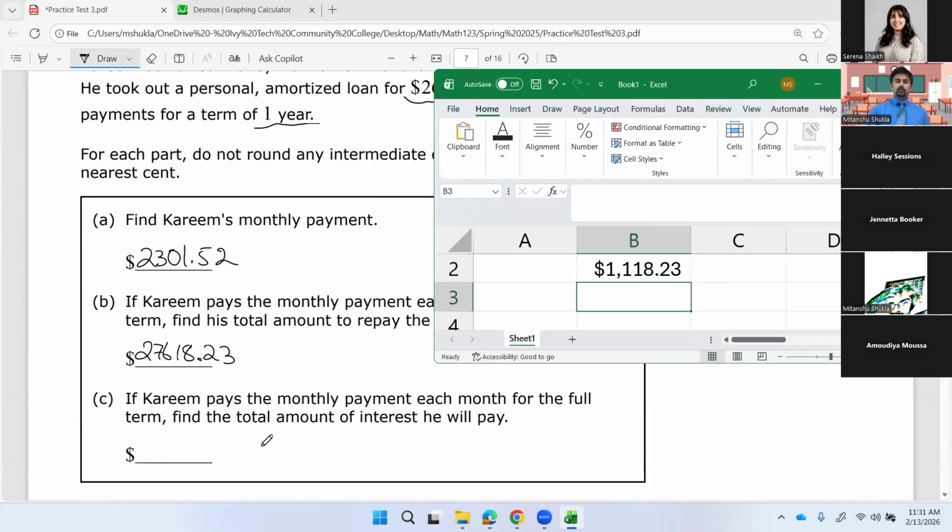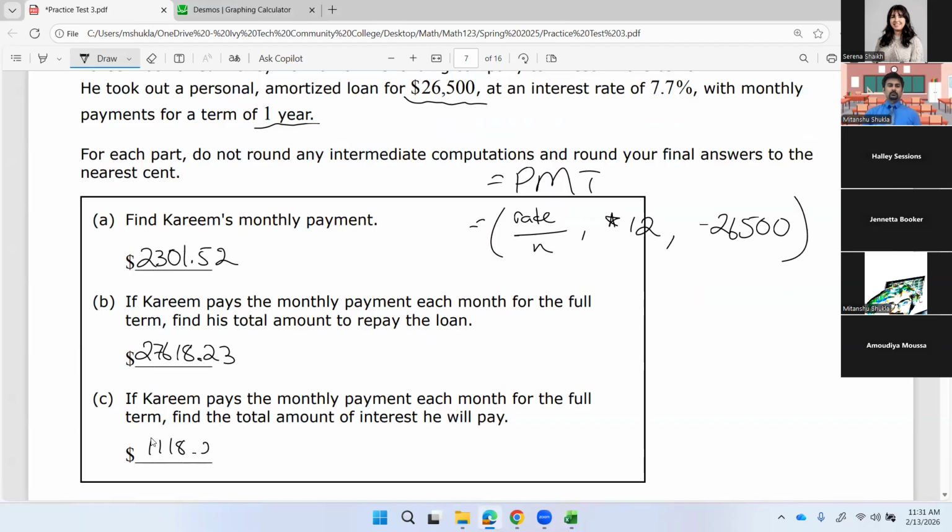So I paid $1,118.23 in interest, which is not terrible, actually. But that's a massive monthly payment.